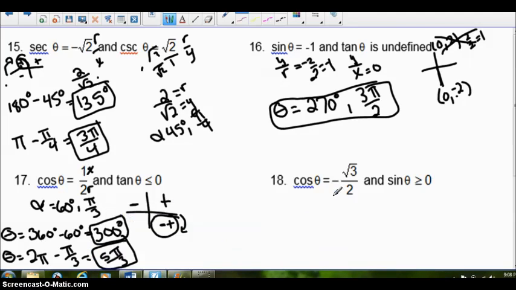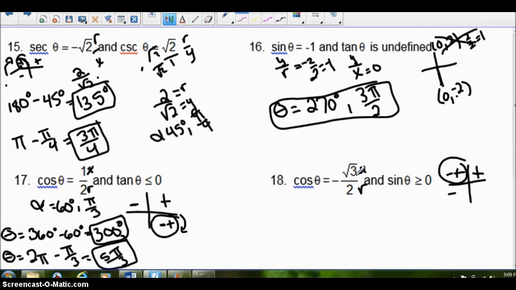Okay. All right, so cosine theta equals negative square root of 3 over 2, and sine theta must be greater than or equal to 0. All right, so sine is positive. That's what the sine greater than 0 means. Cosine is negative. That happens in these two quadrants, so we have to be up here in the second quadrant. Cosine is still x over r, so we're looking for x to be square root of 3.